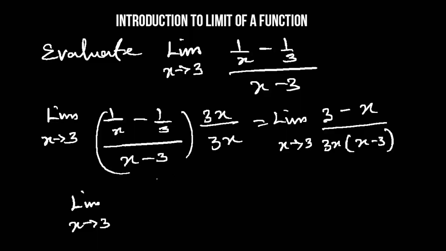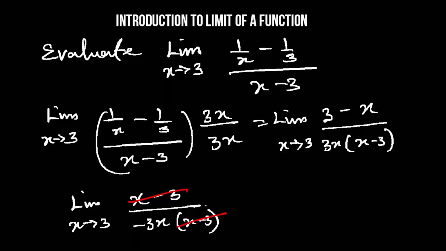So if I multiply both numerator and denominator by negative, that will make it easier for me to work with. I'll be having negative times negative, that will give me x minus 3, divided by negative 3x into bracket (x minus 3). I hope you understand this. So this and this would cancel. I have the limit as x tends to 3 of 1 divided by negative 3x.